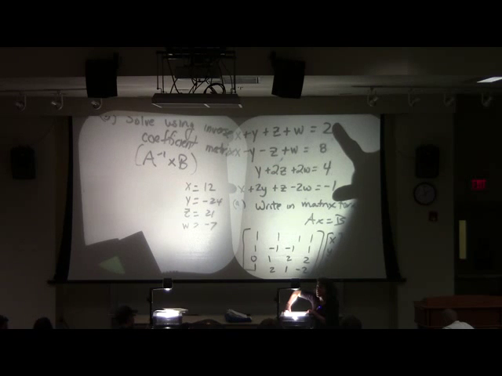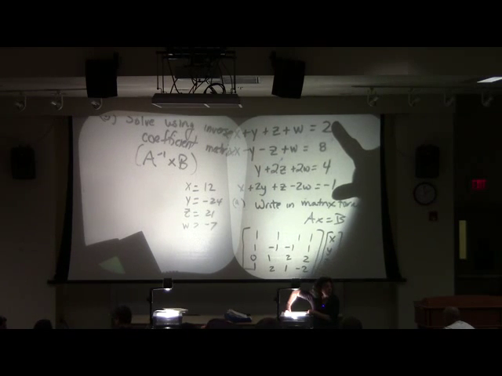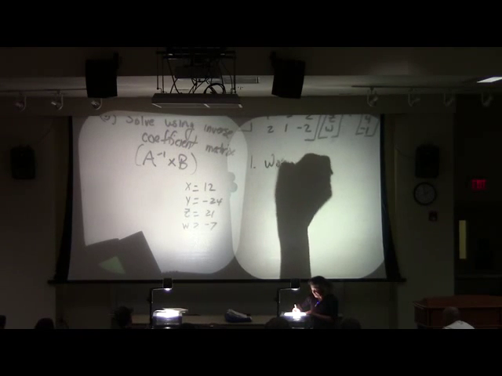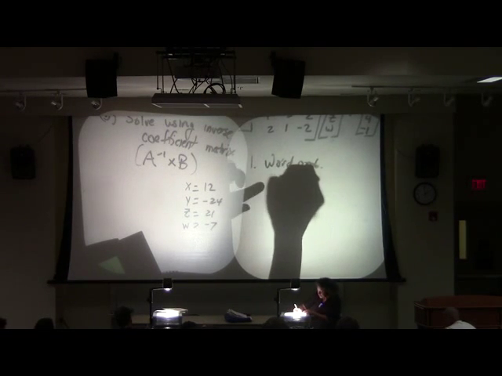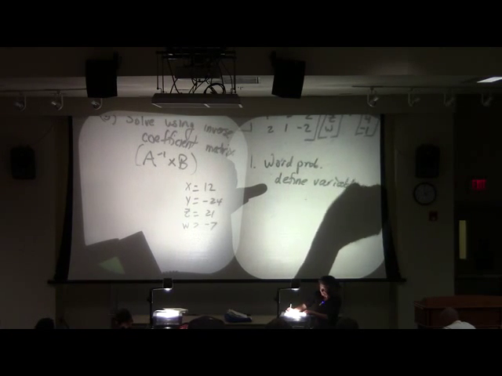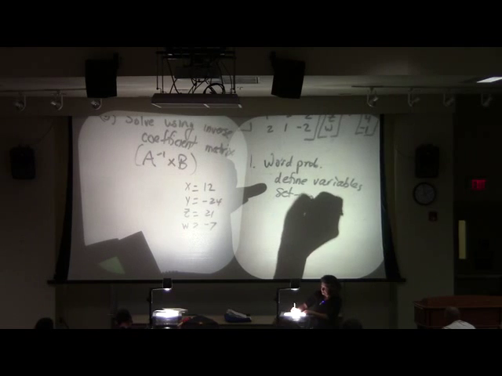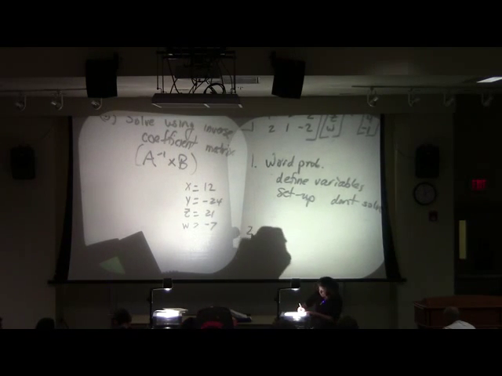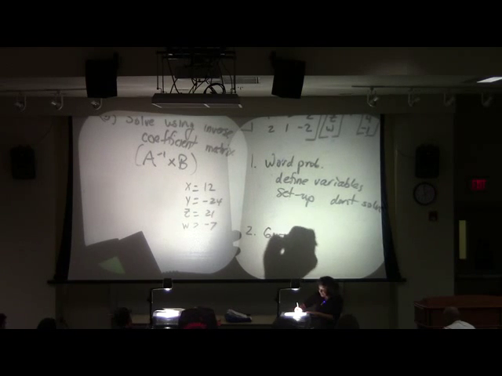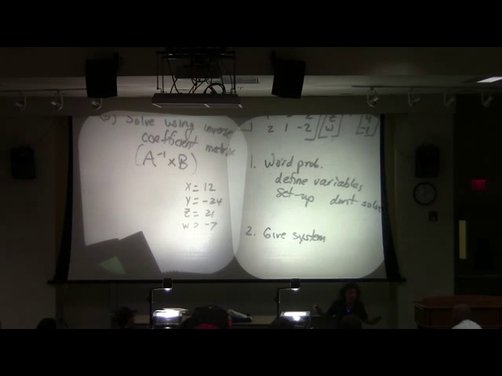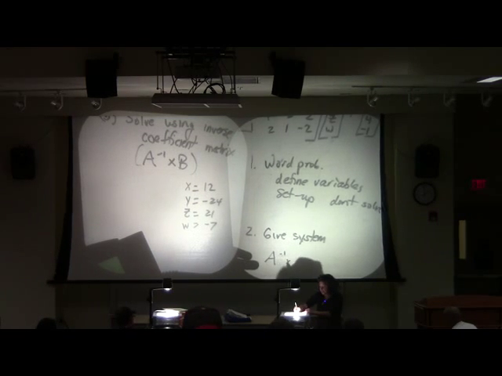So, what I do is I break this chapter up into 2 separate types of problems. One, you will have, just like I said, a word problem, where I'll ask you to define your variables and set up, but don't solve. A separate problem, I'll give you an actual system that I already know can be solved, and you'll solve it using A inverse.